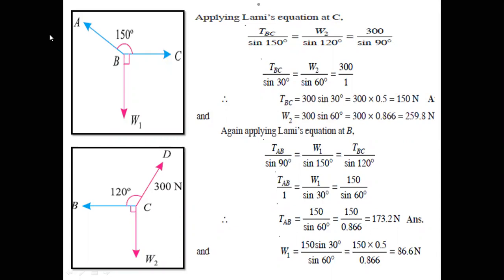Writing Lami's theorem for this particular problem, TAB by sine 90 degrees equals W1 by sine 150 degrees, which equals TBC by sine 120 degrees. Substituting TBC as 150 Newton, we get W1 as 86.6 Newton, and TAB by sine 90, which is 1, gives TAB equal to 173.2 Newton.